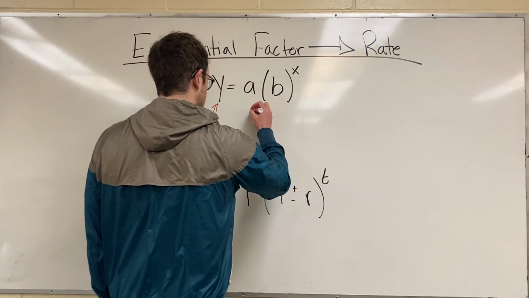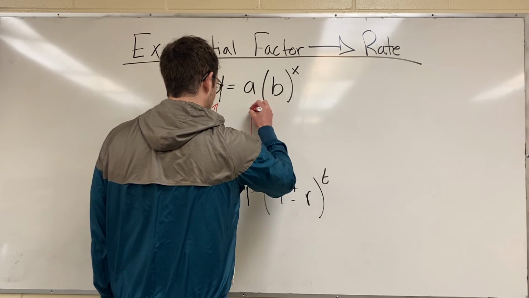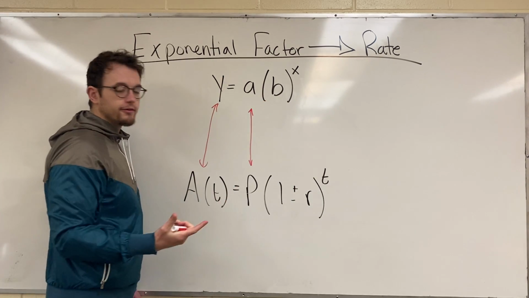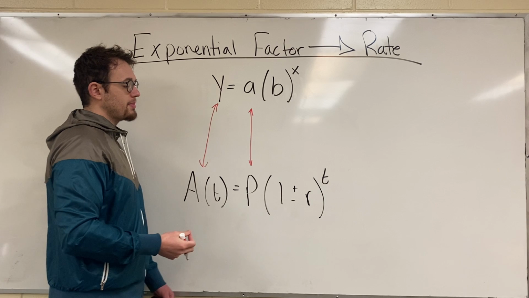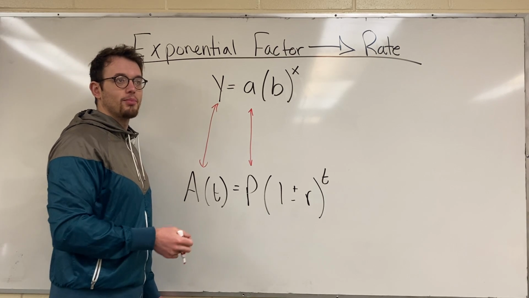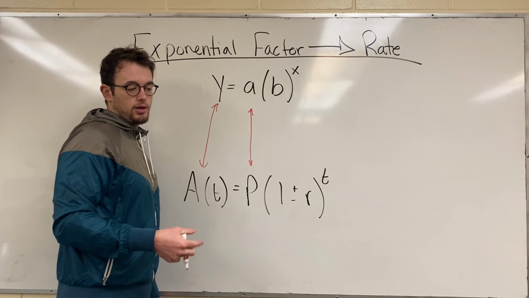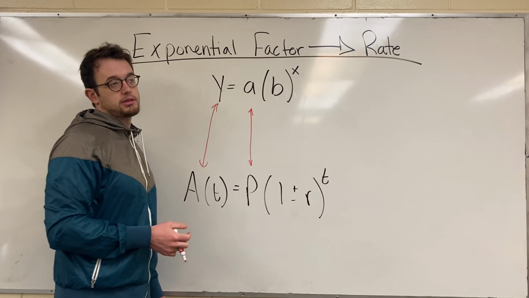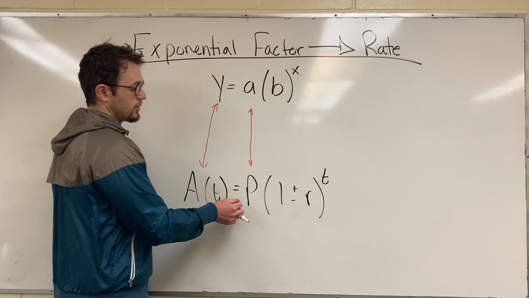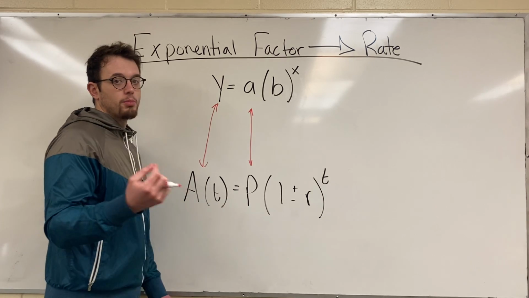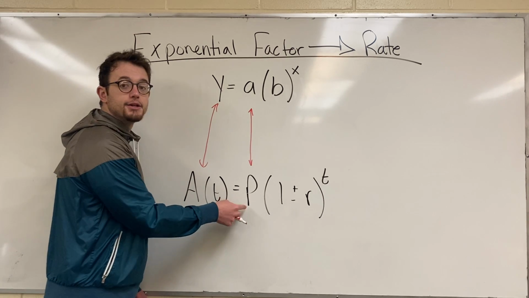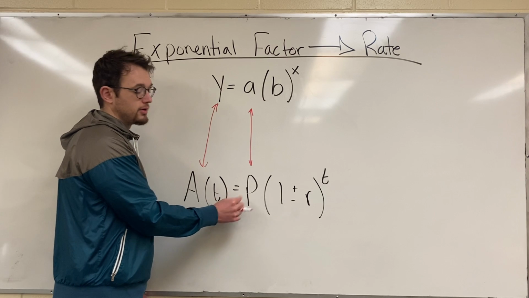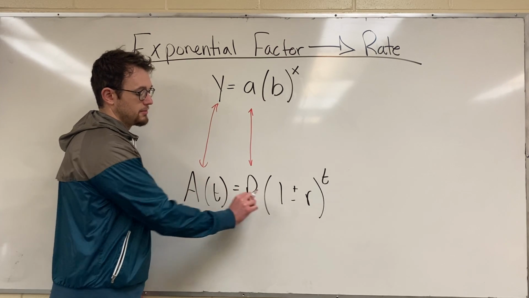A and P, they're the same. You can even put little a there if you want to. You don't have to put P. P is just for principal, so whenever you have a problem talking about money, we have APR, annual percentage rates over time. So we usually put P there for the principal, but it's the same thing. That's the initial amount.